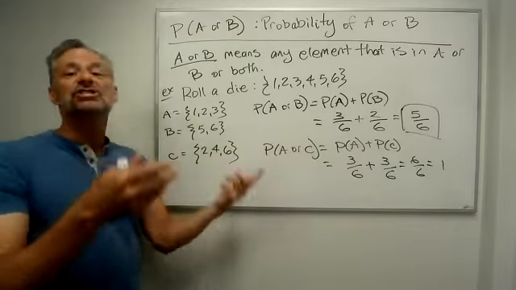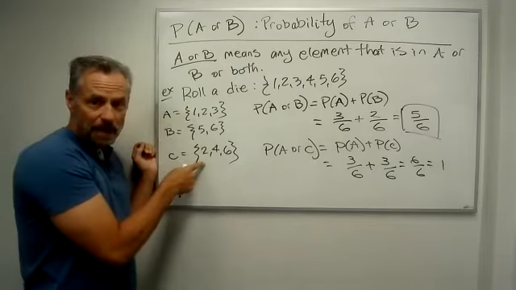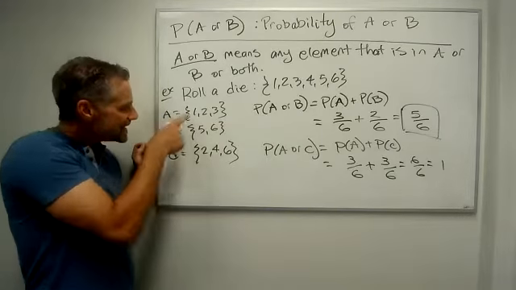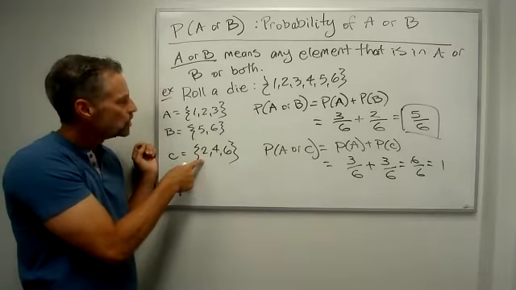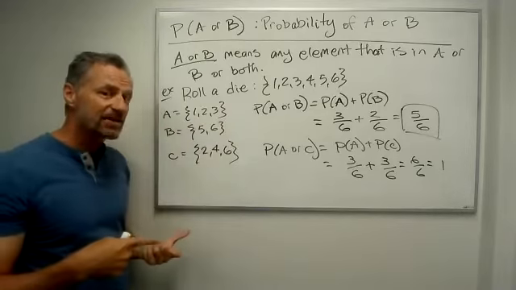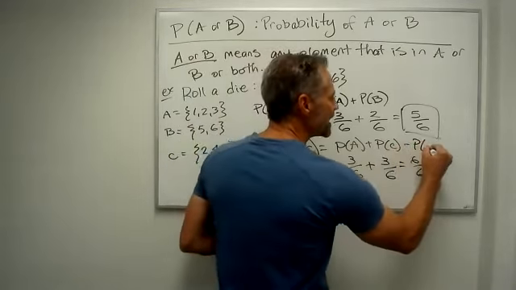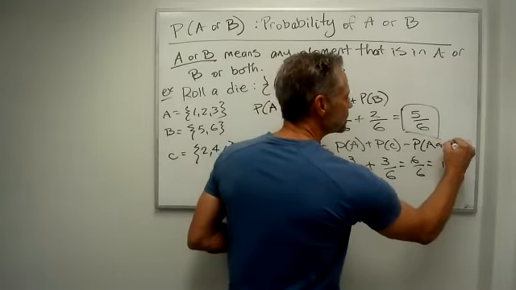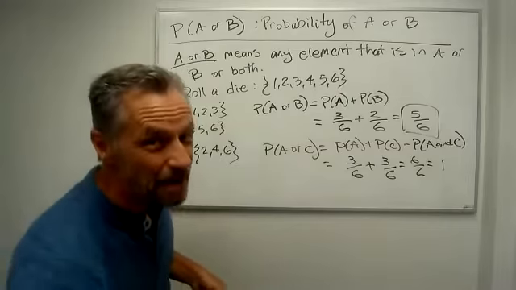Well, this changes a little bit. What changes is the fact that there was an overlap. A and C had a common number, 2. And so what I have to do is back out anything that they have in common. That's minus the probability of A and C. So what's the probability that both of those happen at the same time?